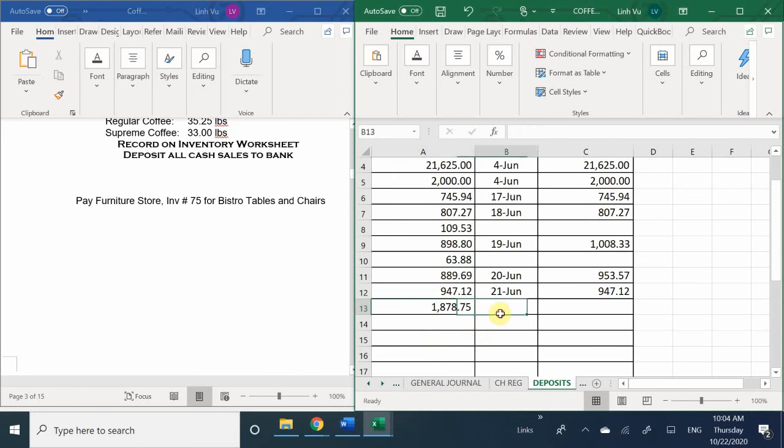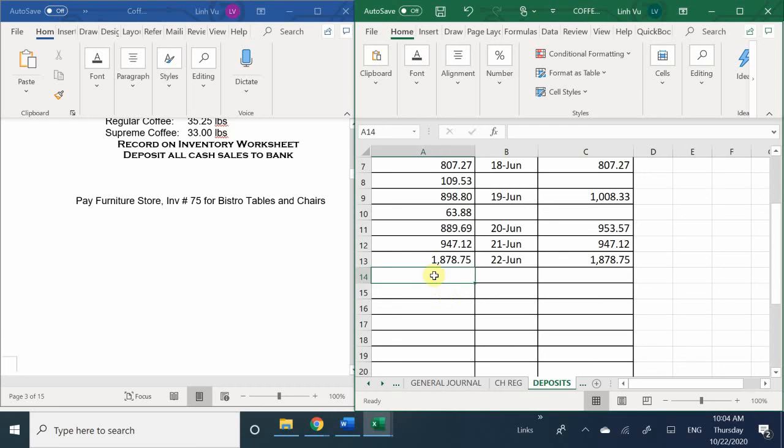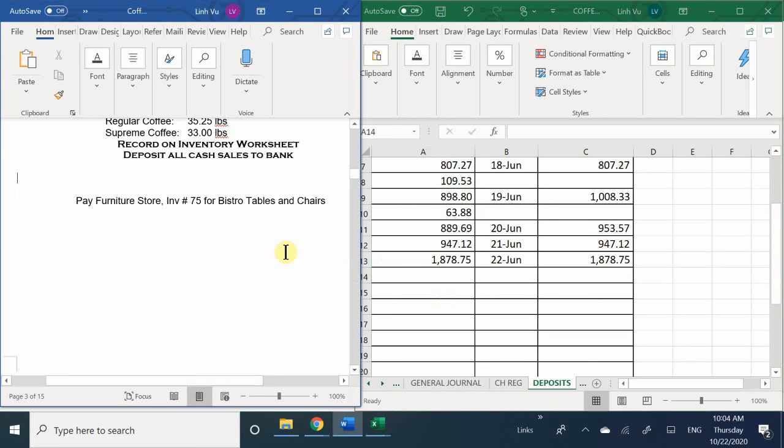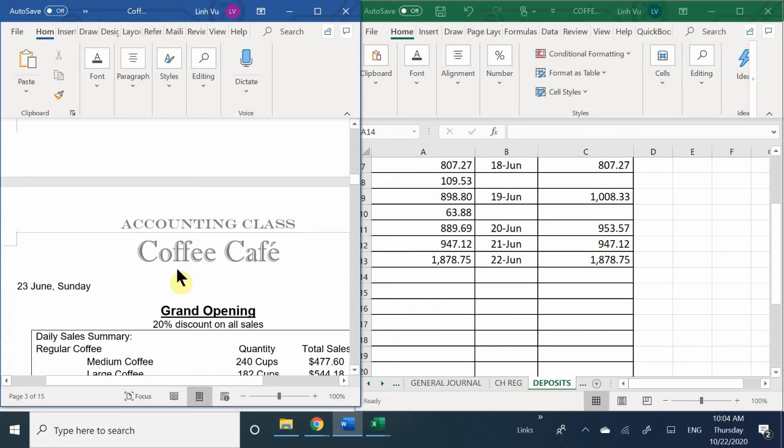All right, so here we're going to deposit on the 22nd for the amount of 1878. Unless you want to do it on the morning of the 23rd, you could do that too. No, we need that money now. Okay, now we're out in the bank by 4,000 instead of 5,000 with that 6,000.